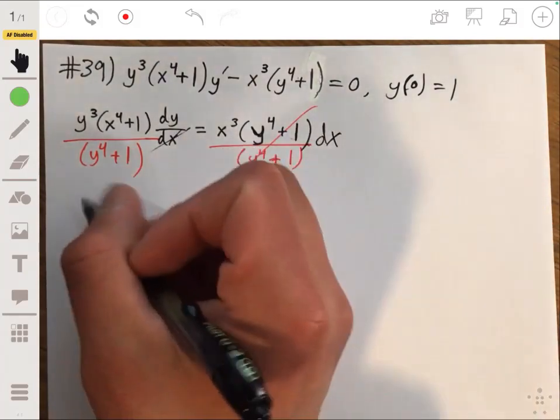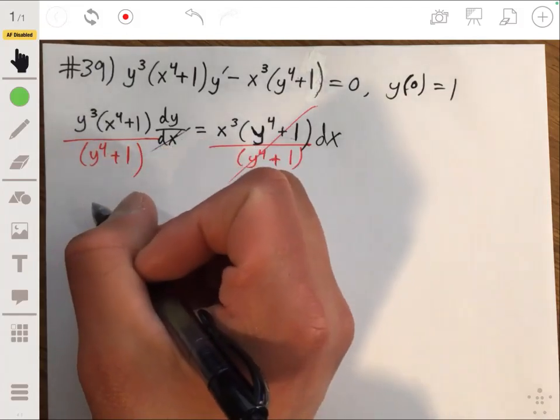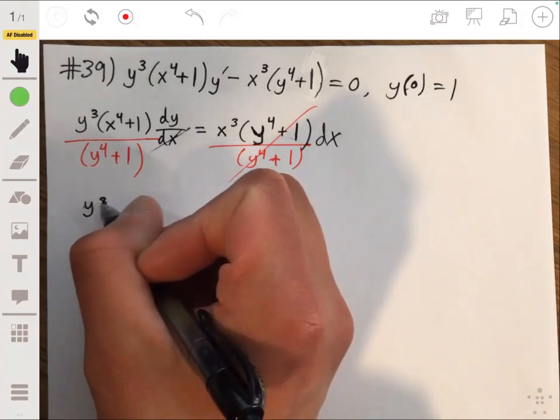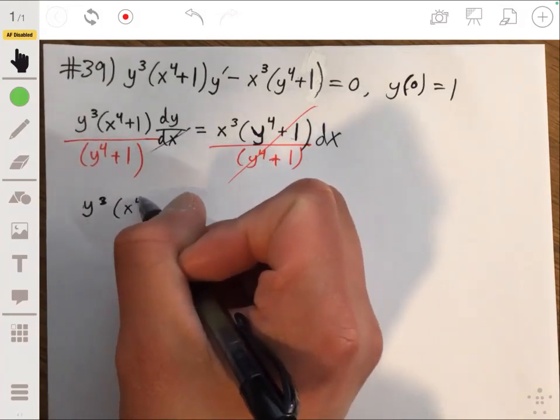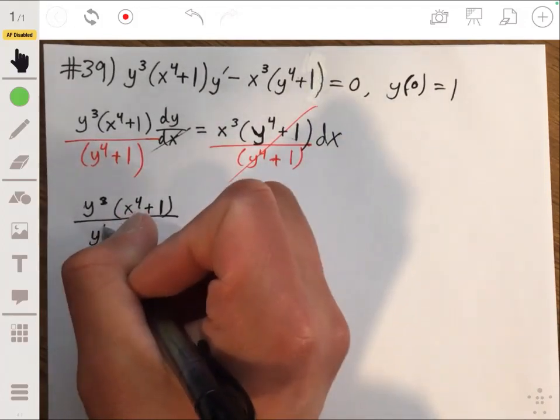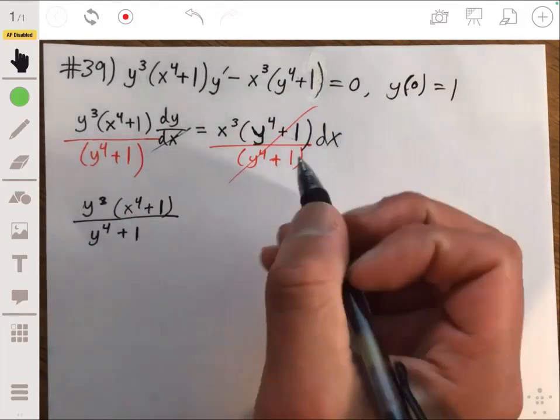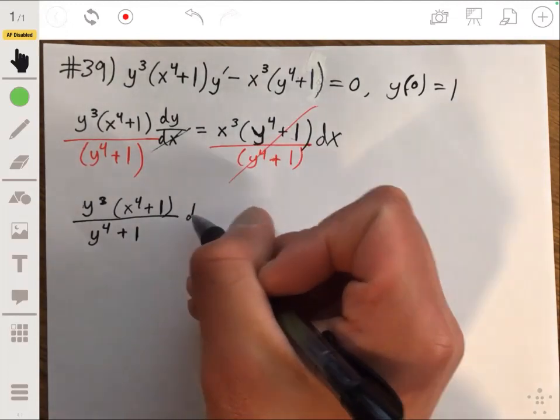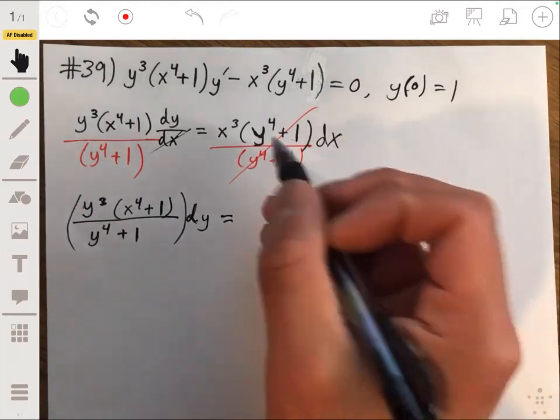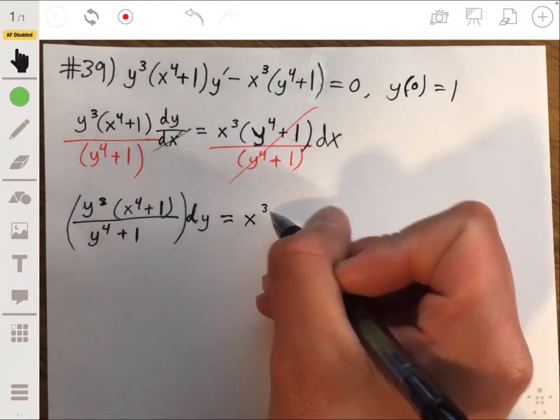And so next we will have y cubed times x to the fourth plus 1 over y to the fourth plus 1 dy. And this will be equal to x cubed dx.